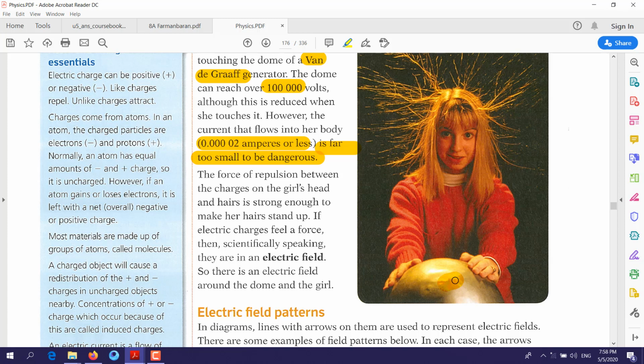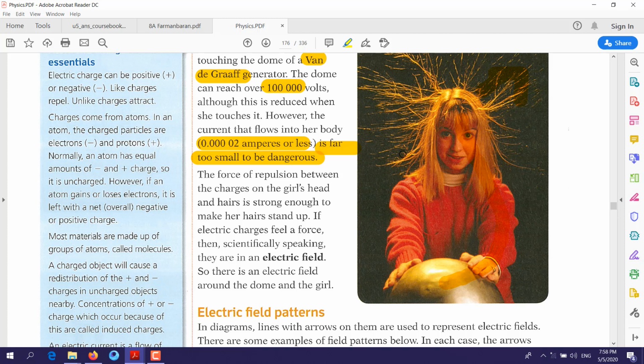The charges will start moving from the dome to her body in this direction, and the charges on her hair, because they are the same, will start moving in the opposite direction. So now the hair will start standing up.